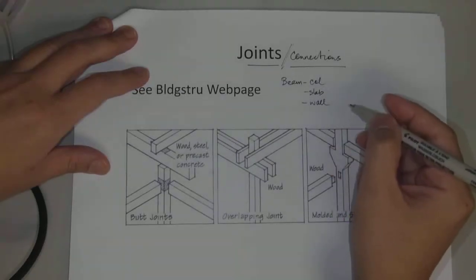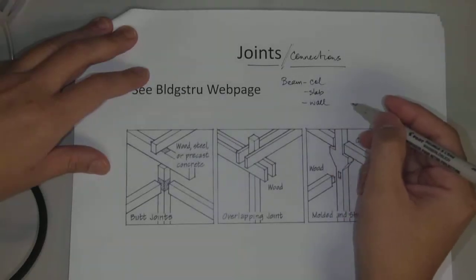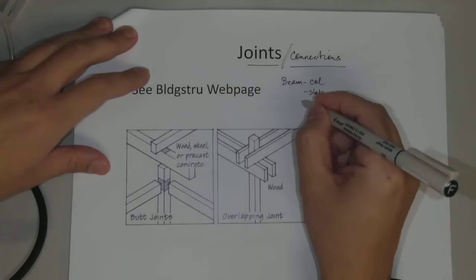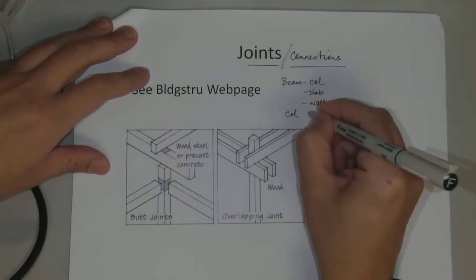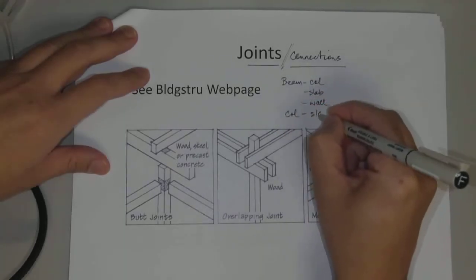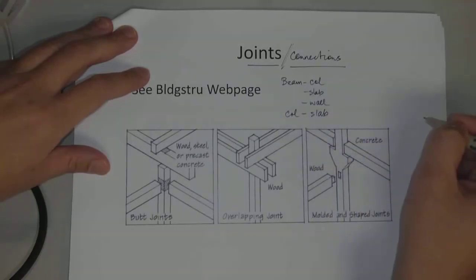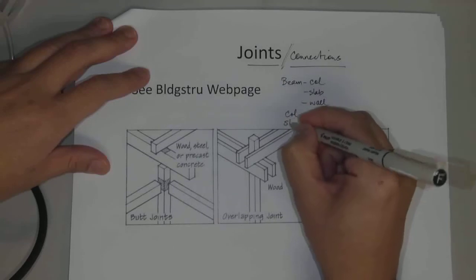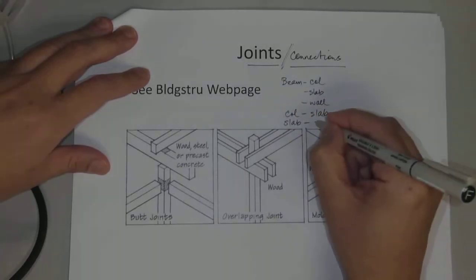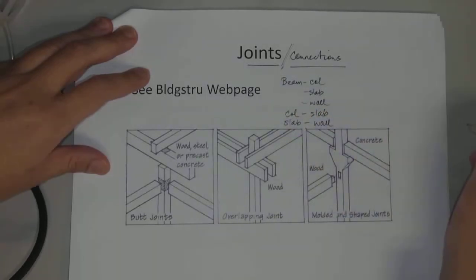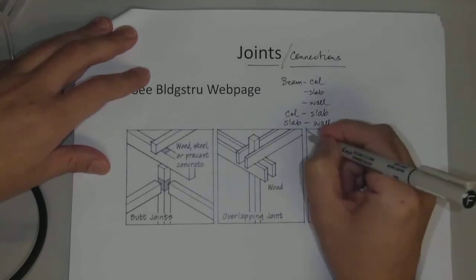For flat slab where you don't have any beams, you also have column slab connection. And slab could be connected to wall directly. And this list you can just go on.